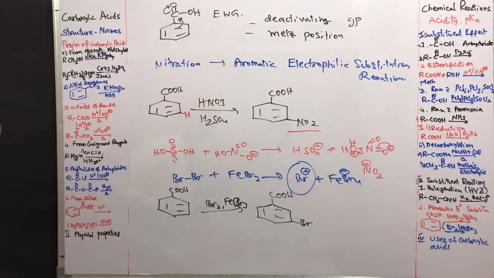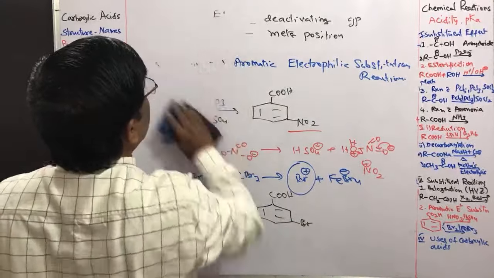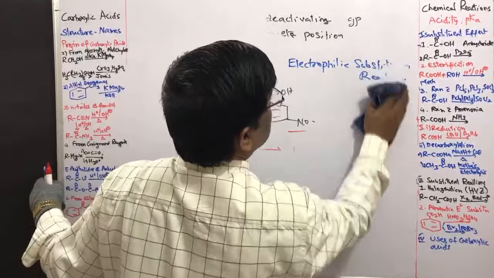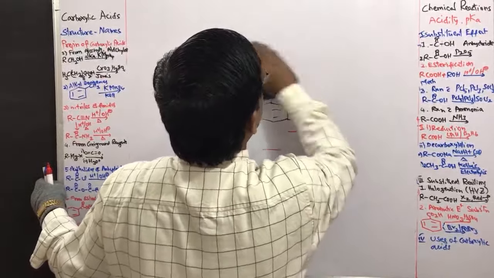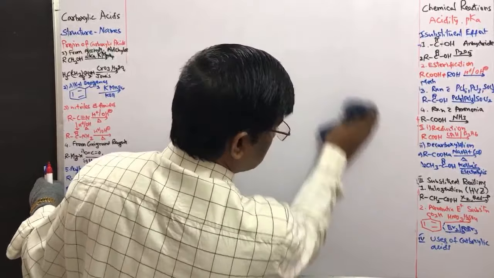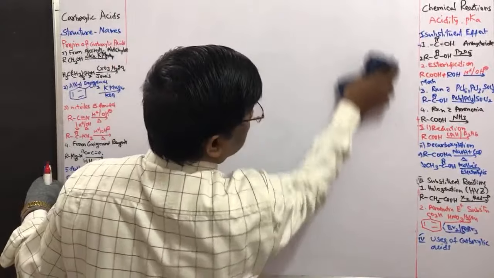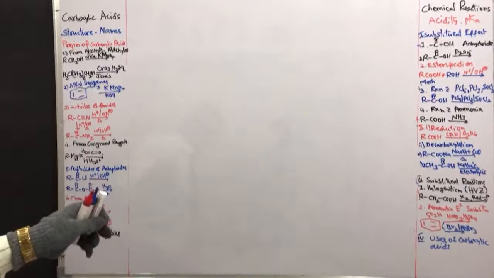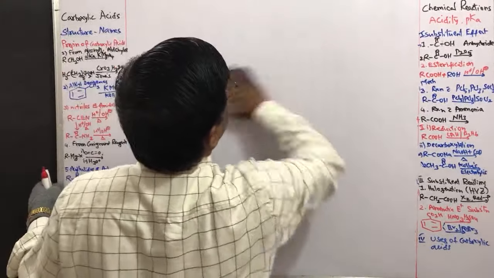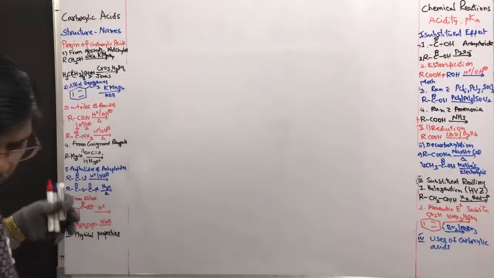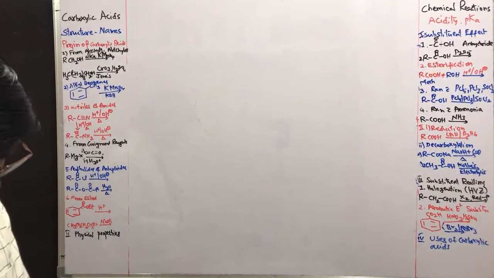What are the uses? Where do you find them?